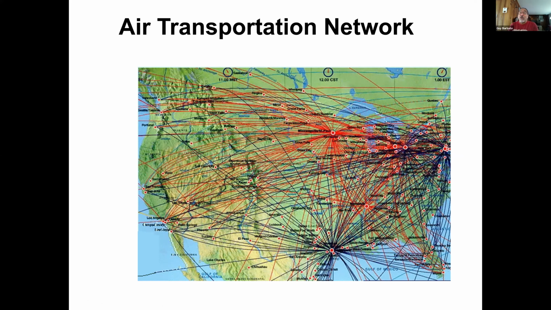So we can encode a lot of different information in a graphical unit. Obviously, the lines show connections between and amongst all the different networks. And in this case, the different colored lines actually represent different airlines.